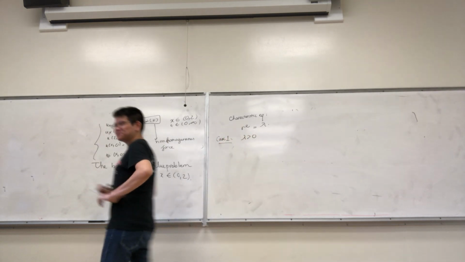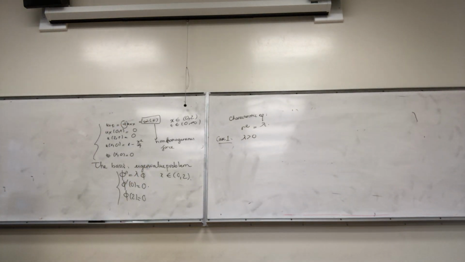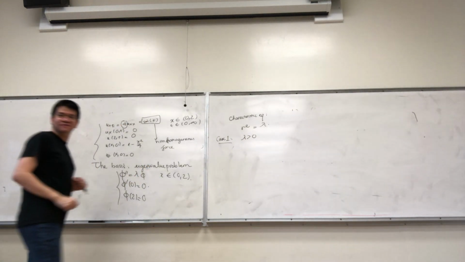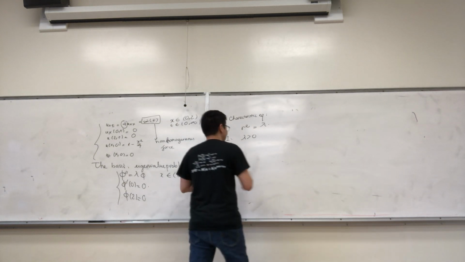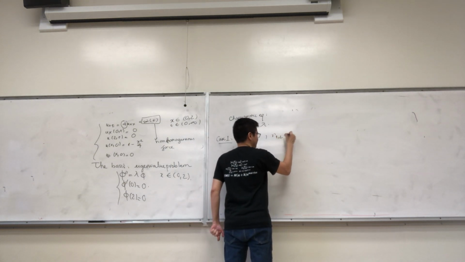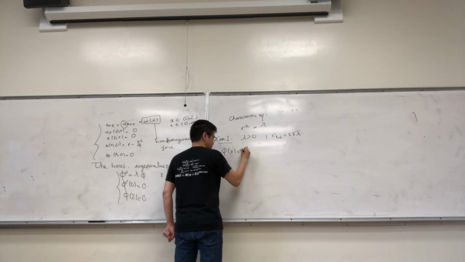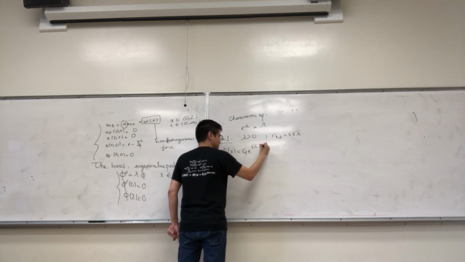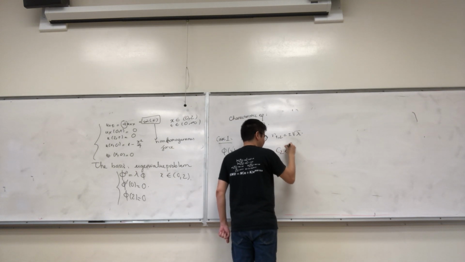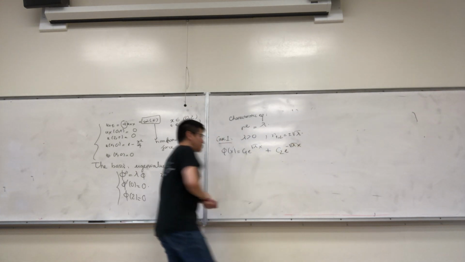So what happens when lambda is positive? You have 2 roots, plus or minus square root of lambda. So the solution will be C1 e to the power square root of lambda x plus C2 e to the power minus square root of lambda x. Alright?